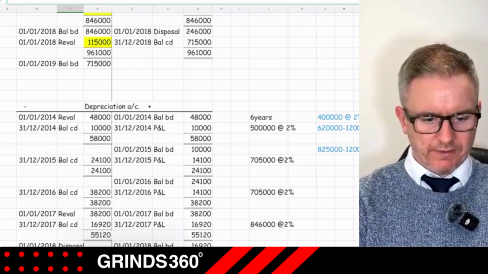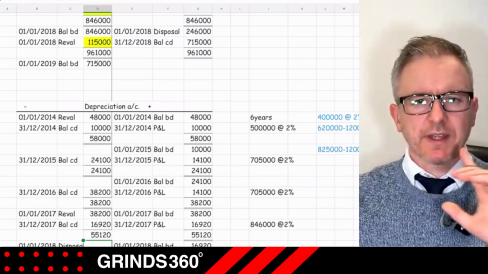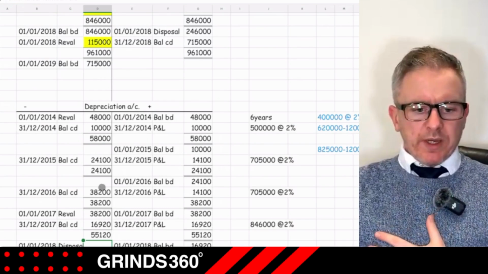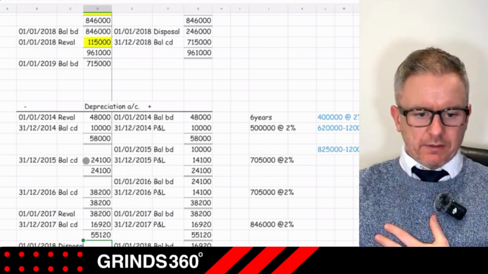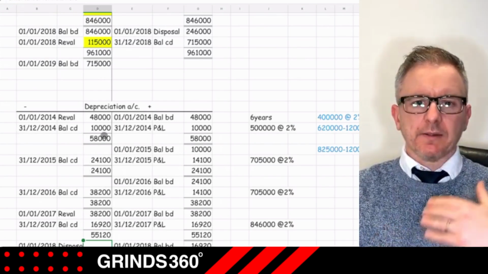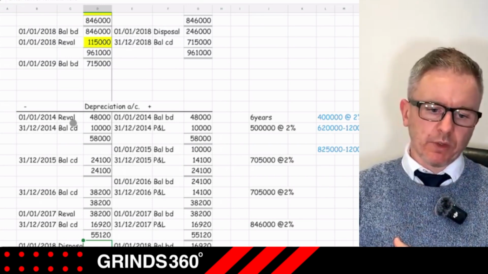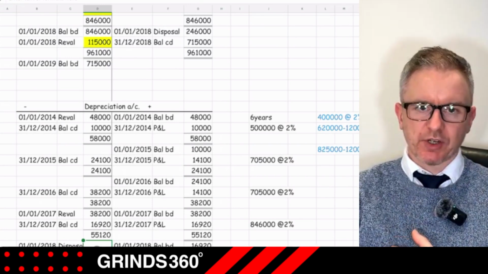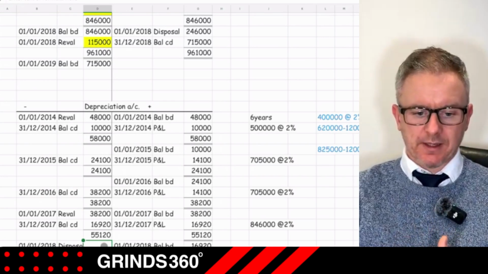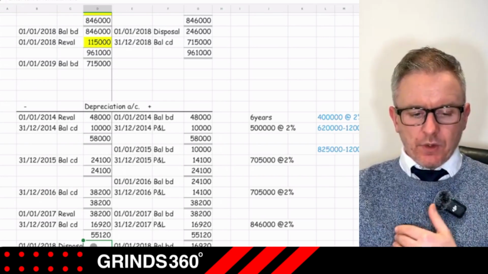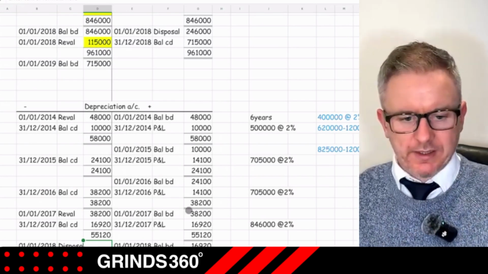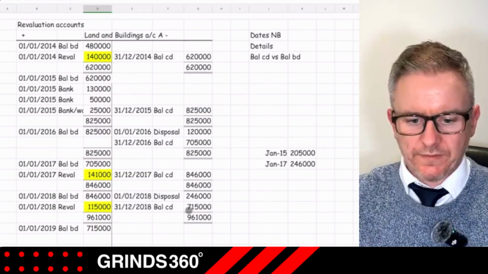This is going to be my reval, right? So let's just think about this for a second. When we dispose of an asset, if you look back on the depreciation videos, we wipe out any depreciation that had been charged on that asset to date, all right? So let's think about our buildings for a second. We have two lots of buildings.